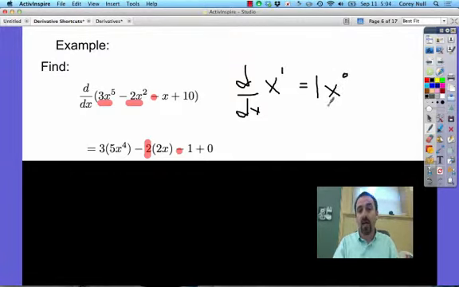So this goes to 1. So the derivative is going to be 1 times 1, which is 1. So the derivative of any x to the first power is 1 every single time.